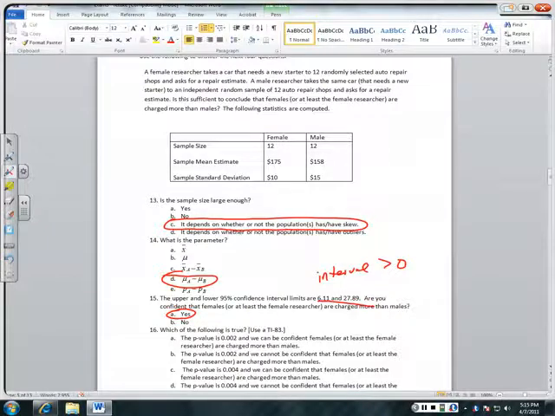So anyway, for number 16, we're going to get the p-value. And let's remember that this is a one-tailed test because we want to know if P1, or P for females, is greater than the proportion for males. So stat, test, two-sample t-test.